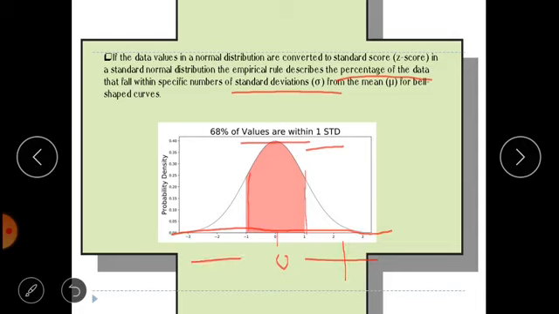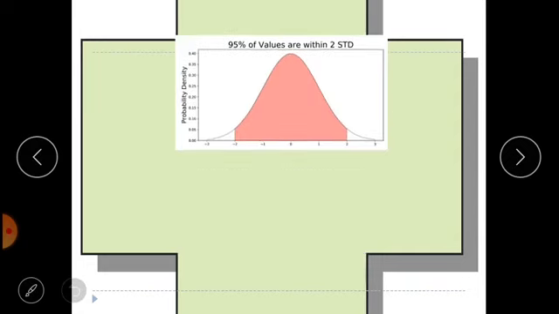Kaya kung mapapansin nyo, yung kanyang area is between the negative 1 and then positive 1 standard deviations from the mean. So, ito pa rin, nasa mean sila, no? So, ayan yung 68% rule. Okay.